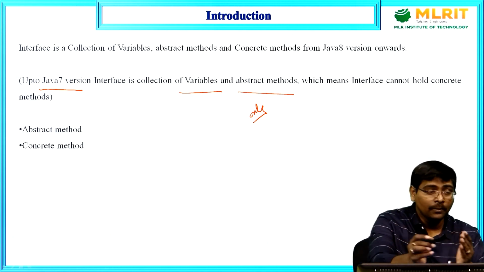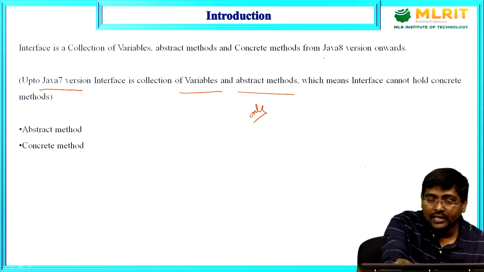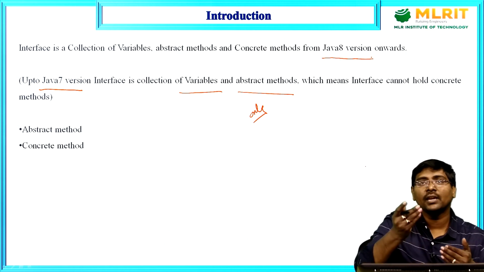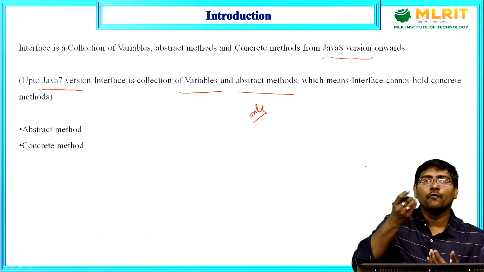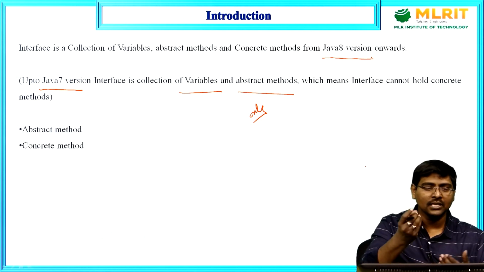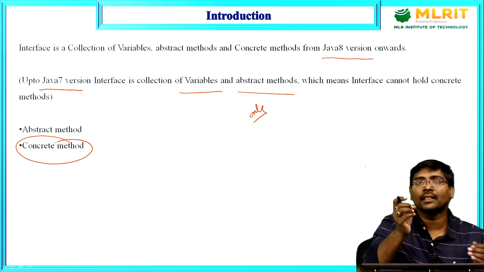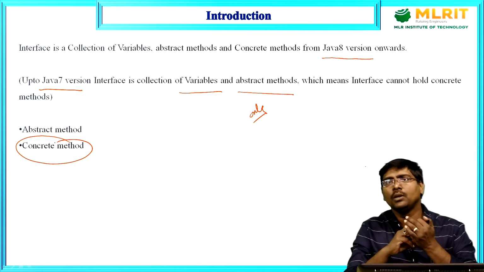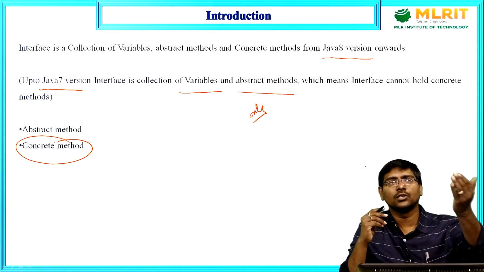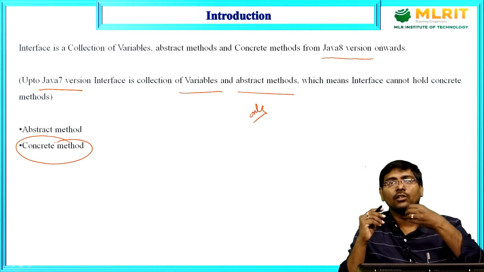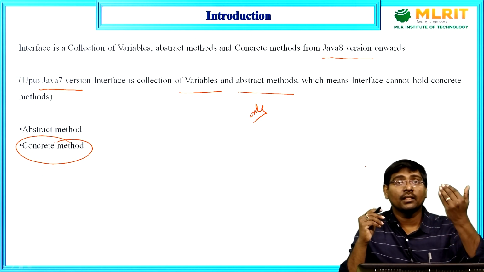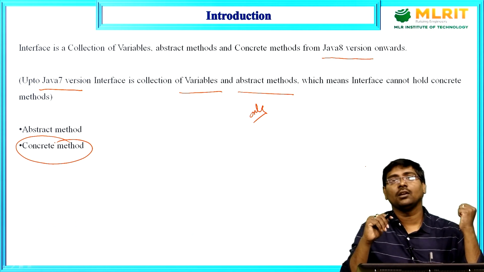Now, from Java version 8 onwards, within the interface, it is possible to write concrete methods also. What do you mean by concrete method? Exactly reverse to abstract. A method with definition or a method with body is called concrete method.